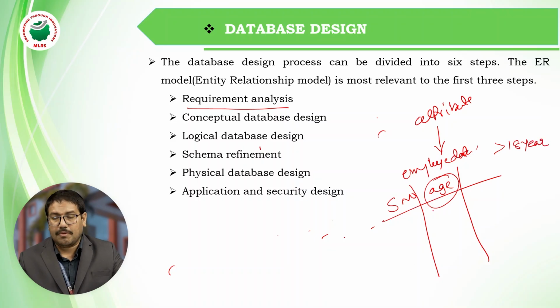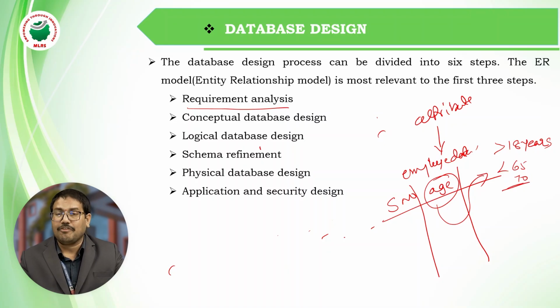Okay, and based on the employee designation or employee role, it must be less than some 65 to 70 years, etc. So the age constraint here means it should be greater than 18 years and less than some 65 to 70 years. This is one constraint or condition, whatever I am giving for the age column.